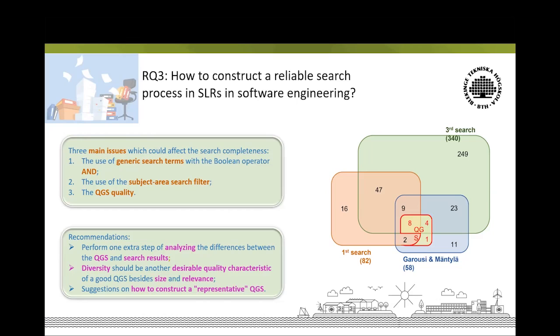So the conclusions, and also our recommendations based on our experience from doing all of this analysis, are that it's important for researchers to analyze the search results as well, because that will help you identify two things. The first is whether the quasi-gold standard is actually good enough, or whether it missed some important relevant papers, in which case maybe you want to update your quasi-gold standard.